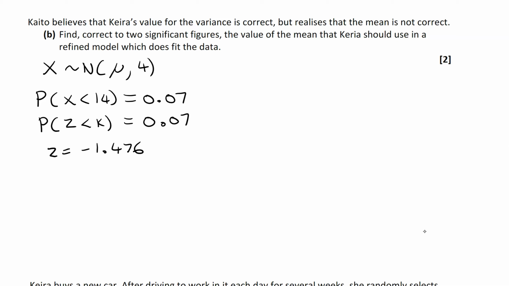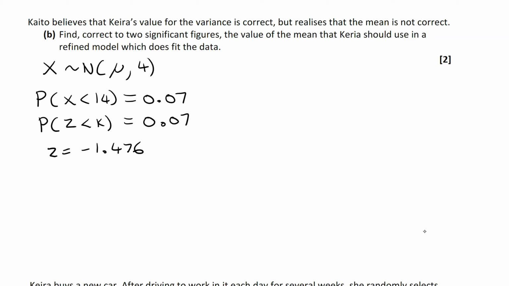So what this means is, your fastest 7% of journeys are going to be journeys that are 1.476 standard deviations below the mean, or even further away from the mean than that.